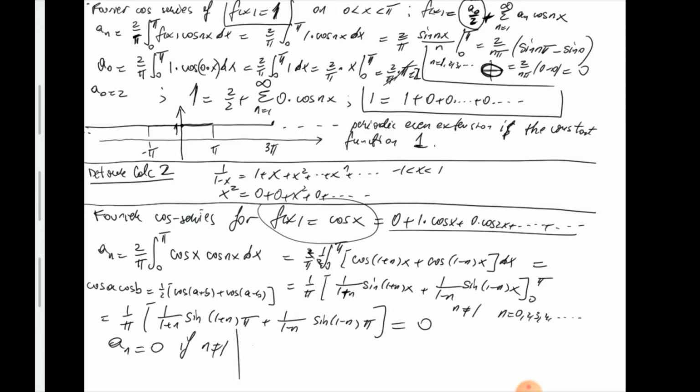And if n is equal to 1, I know already it's going to be 1, right? But let's check. Let's do this separately. So a1 equals, we go back to the formula, right? So if n equals 1, it is going to be cosine squared x, right? Because it's cosine times cosine, so that's cosine squared x dx.